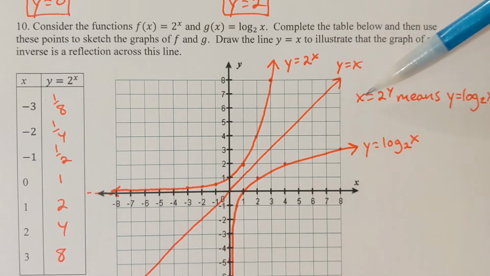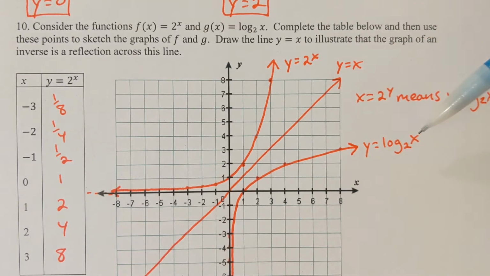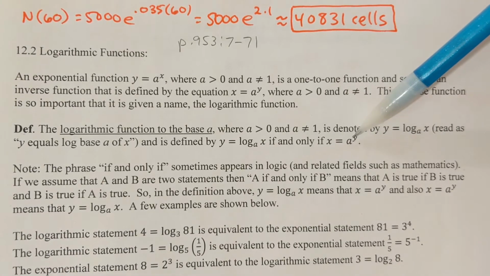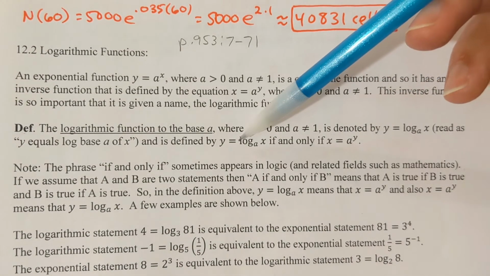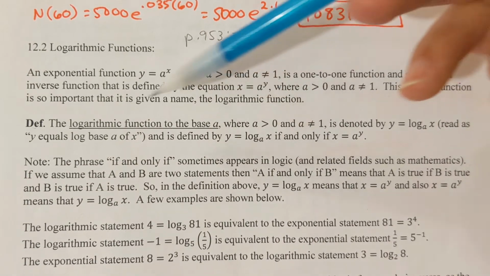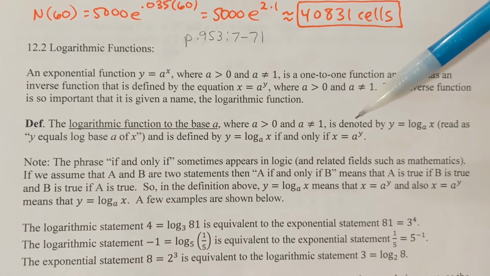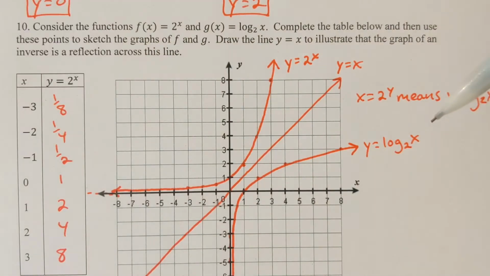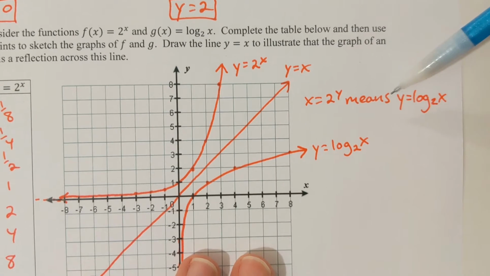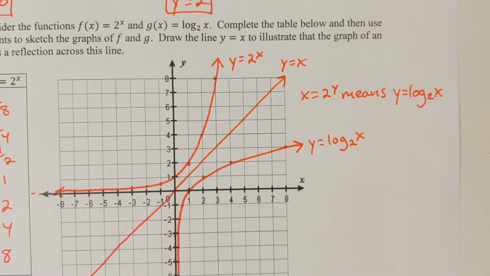All right, well that means I'll have x equal 2 to the y. X equals 2 to the y means y equals log base 2 of x. Okay, that's by definition of a logarithmic function. So that's what I've written over here. X equal 2 to the y means that y equal log base 2 of x.